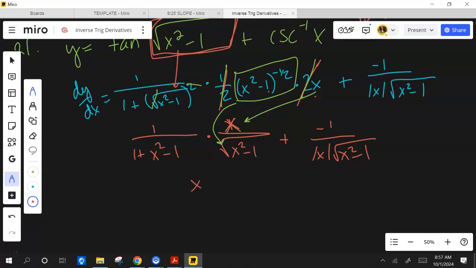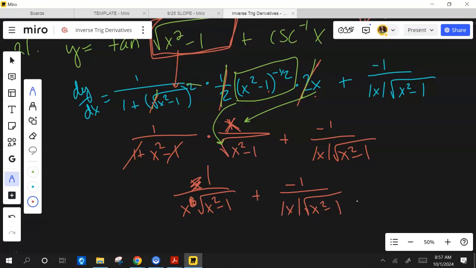So I end up with x over x squared times the square root of x squared minus 1. I would not try to combine these by any means, because whenever that radical and that squared cancel out, it leaves me with x squared minus 1. And I could actually make this 1 over just x if I want.